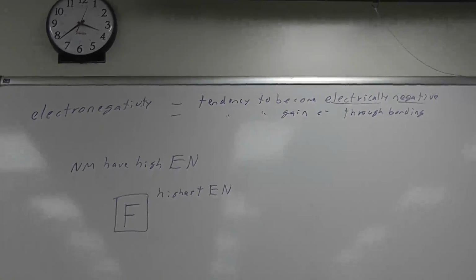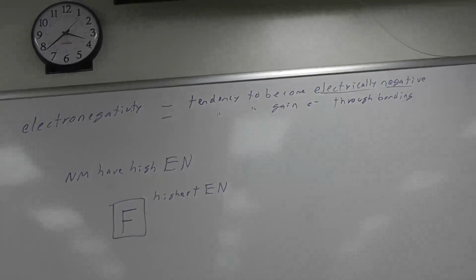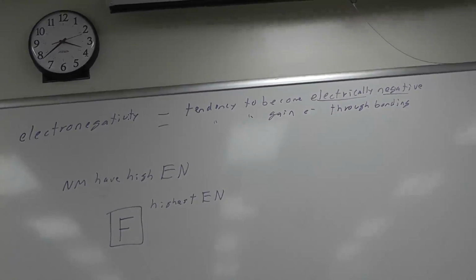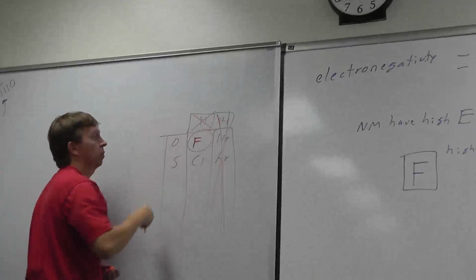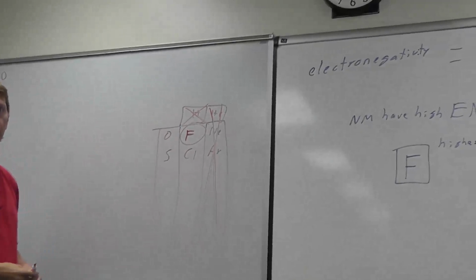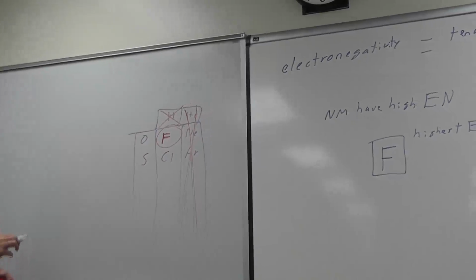So in setting our reference points, if we don't include the noble gases because they're unreactive, and we don't include hydrogen because it's weird, then that leaves fluorine as the top right corner of the periodic table, and fluorine is going to be your reference point. Fluorine is the most reactive nonmetal.